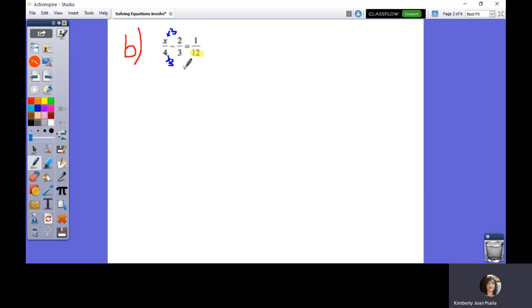And then how do you change 3 into 12? We multiply 3 by 4. We multiply the top number by 4 as well. 12 remains the same, or else you can multiply by 1, which leaves us with the same value.